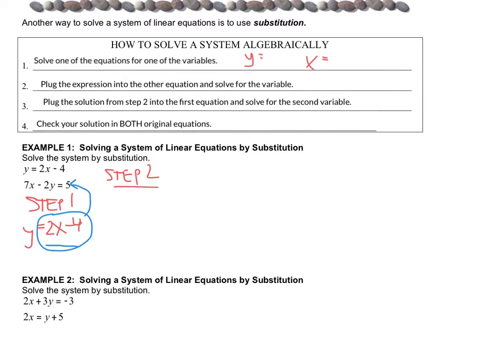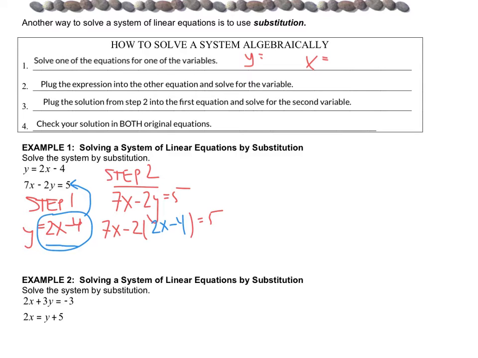The initial equation is 7x minus 2y equals 5. What we're going to do is take the y out and plug in the 2x minus 4 in place of the y.